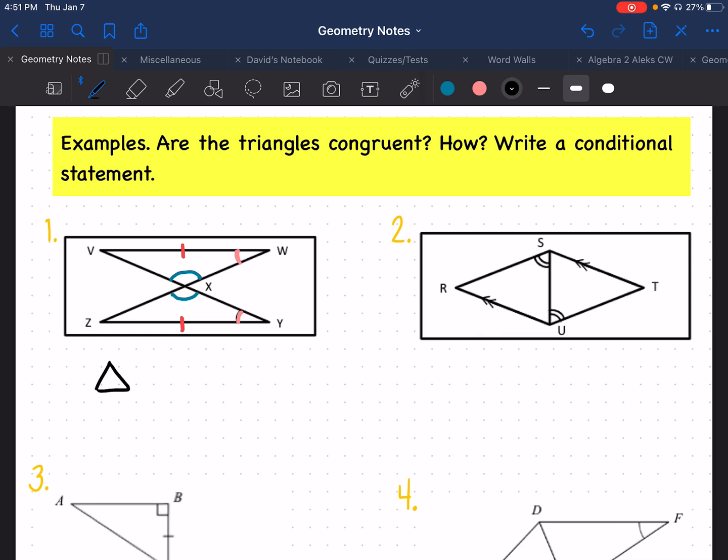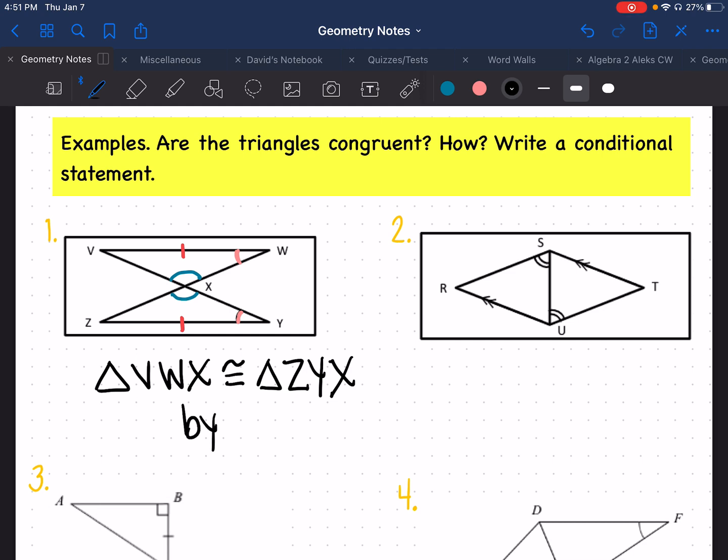And I'm going to call the first one VWX on the top. And remember, just follow the same pattern I did. V would match Z. I went to W, so you would go to Y, and then I went to X, so you would come to X for the other one. So it was ZYX.